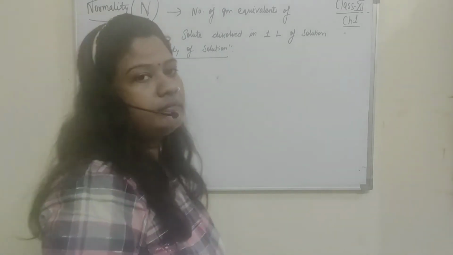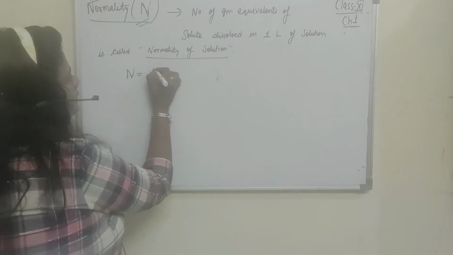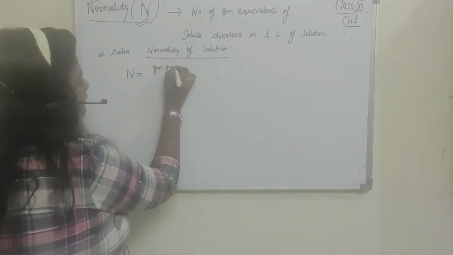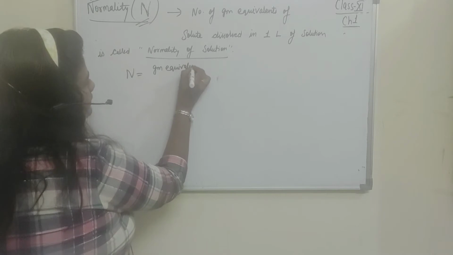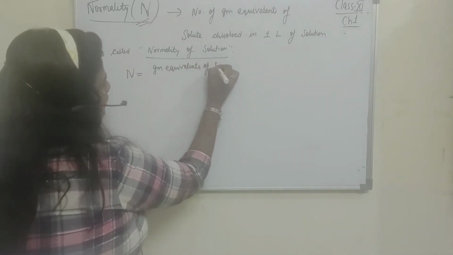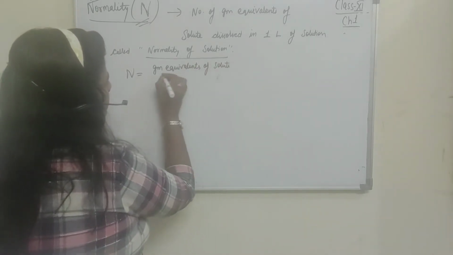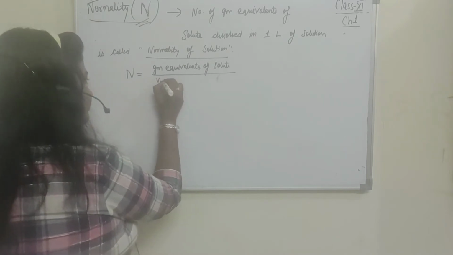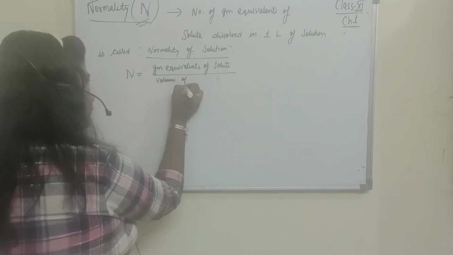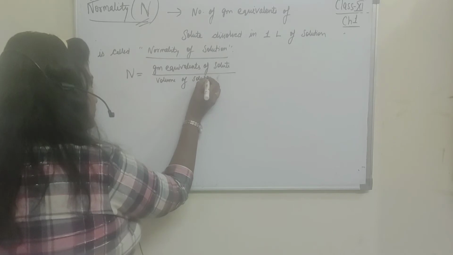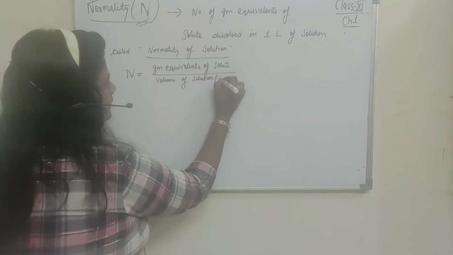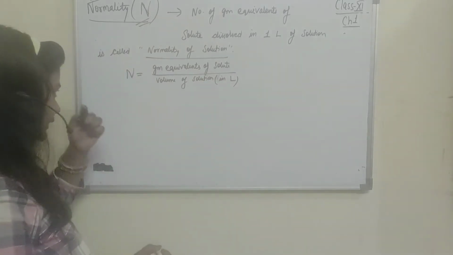So the formula will be capital N equal to gram equivalents of solute divided by volume of solution in liters.